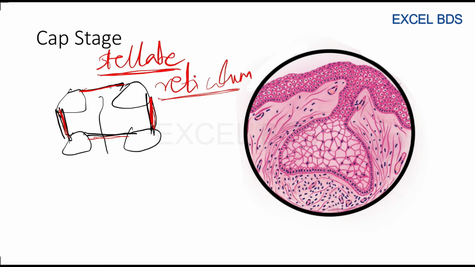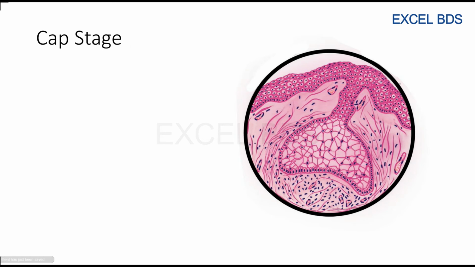So what are the important cells here in cap stage? One is the outer enamel epithelium. This is the inner enamel epithelium. And this is the stellate reticulum. What is the function of stellate reticulum?